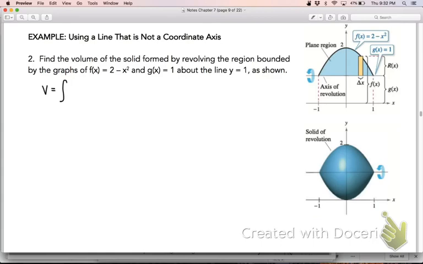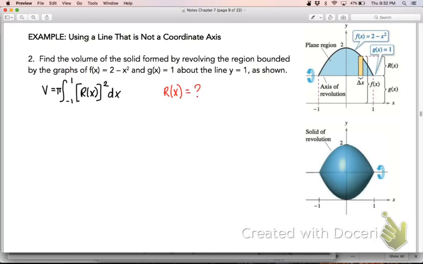This time we are going from -1 to +1, because that's where it intersects with the line g of x equals 1. So we're going from -1 to +1 of, whoops, I forgot my pi. Don't forget that, I'm bad about that. Pi times r of x squared dx.